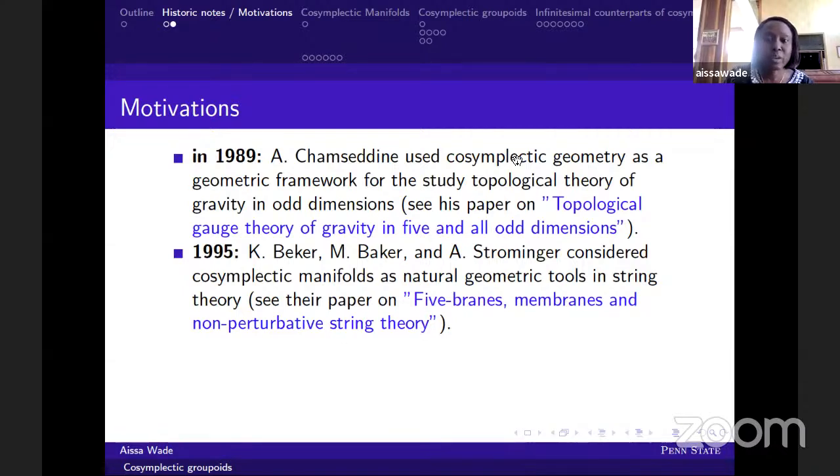So this is a paper where he used cosymplectic manifolds. And in 1995, you see a paper entitled Five-Brane Membranes and Non-Perturbative String Theory. Here, of course, it's a physics paper, but they also use cosymplectic manifolds to study string theory.